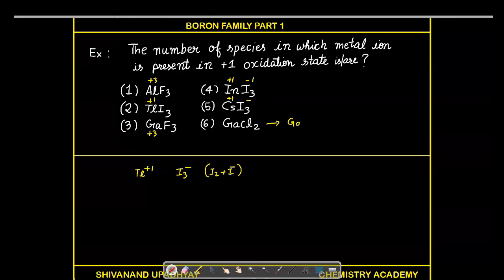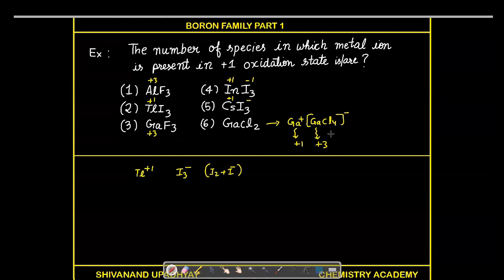The actual structure of this is gallium +1, GaCl4. So here if I calculate the oxidation state of gallium, this gallium is +1 and this gallium is present in +3 oxidation state. So the average oxidation number is +2, but both gallium atoms are either in +1 or +3 oxidation state.